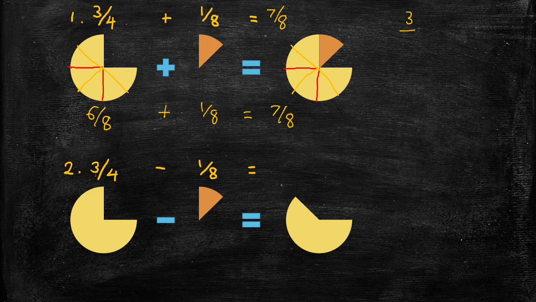If I take my two fractions that I'm trying to add together, 3/4 and 1/8, what I need to do is have the same denominator down here. So a common denominator for 4 and 8 is 8.